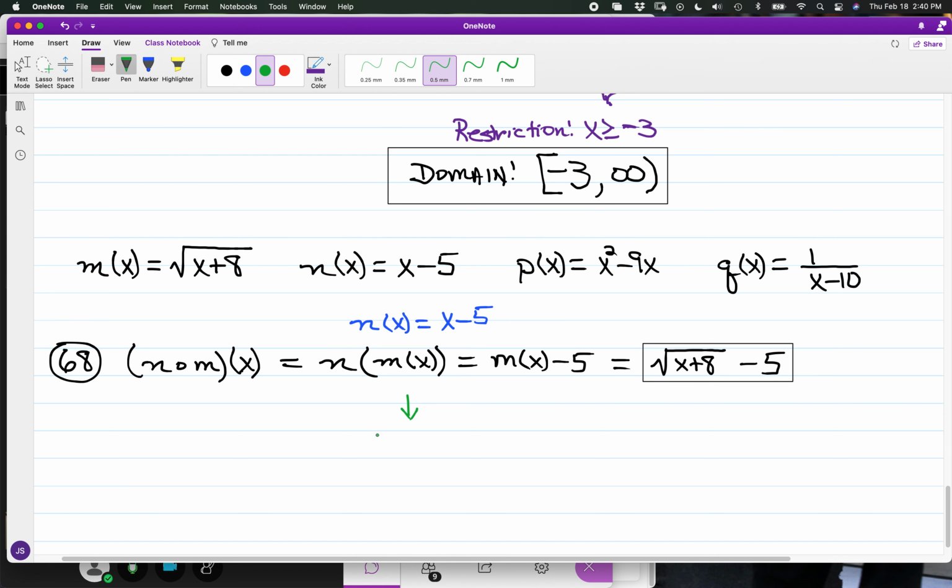And where the domain comes in. So you have the input. So you have m of x is equal to the square root of x plus 8. And again, because we have a square root, x plus 8 cannot be negative.